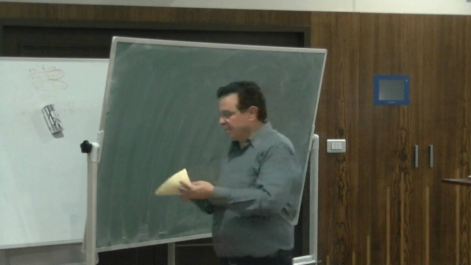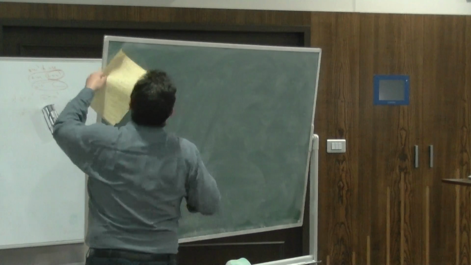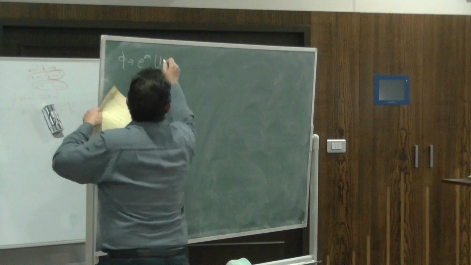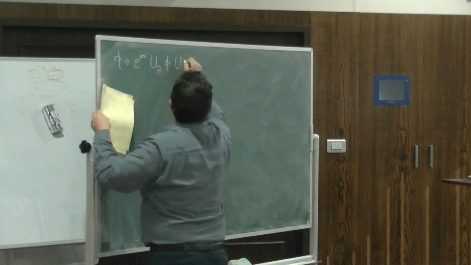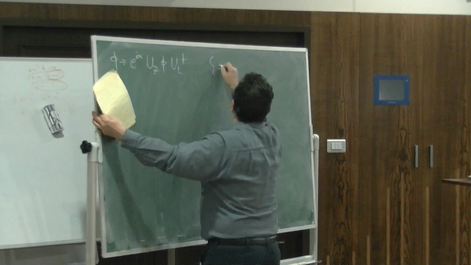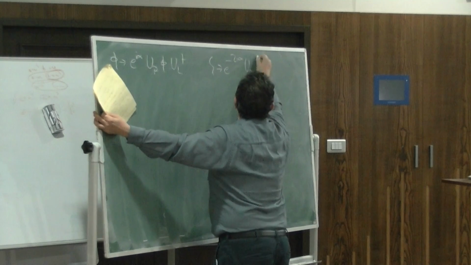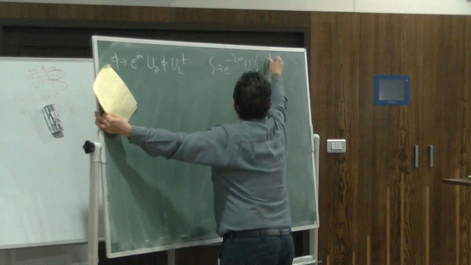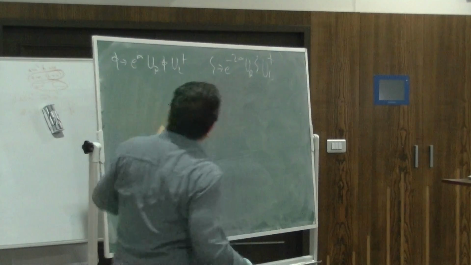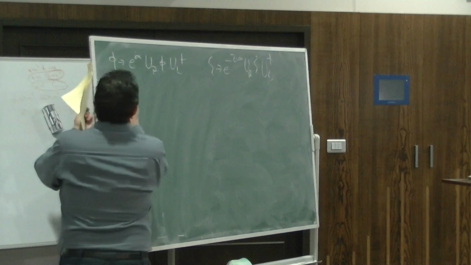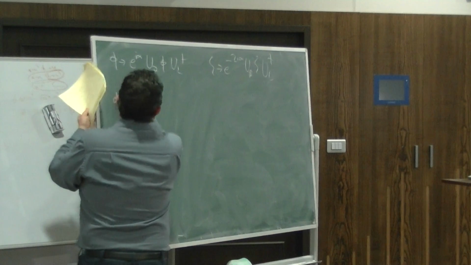So again, phi goes like e to the i alpha, U right, phi, U left dagger. Zeta goes to e to the minus 2i alpha, U right, zeta, U left dagger. Well, the usual anomaly term that you write down is determinant of phi. So I can certainly do that.